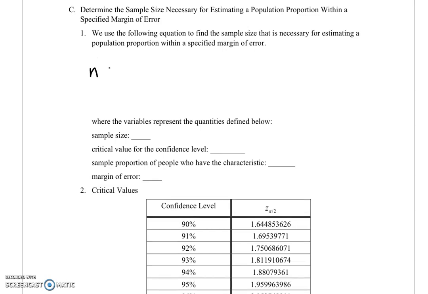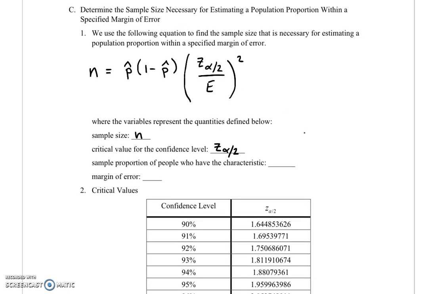So our sample size is the sample proportion times 1 minus the sample proportion times z sub alpha over 2 over the margin of error, squared. So the sample size, of course, is n. The critical value for the confidence level is z sub alpha over 2.